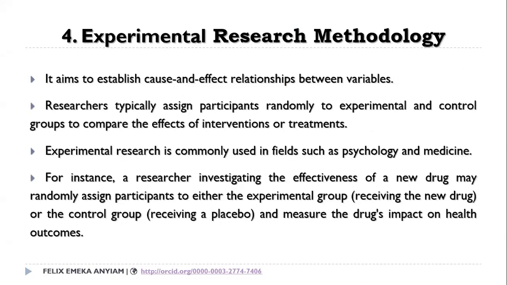So for the experimental, you're establishing a cause and effect relationship. So meaning you want something to happen and you're adding what will make it happen. So that's an experimental research.